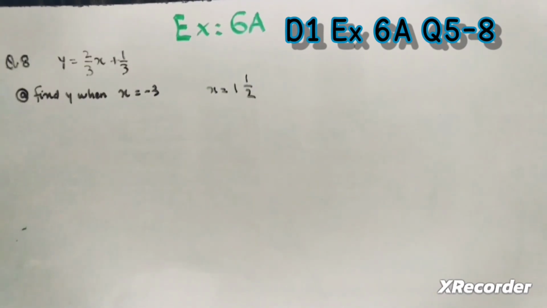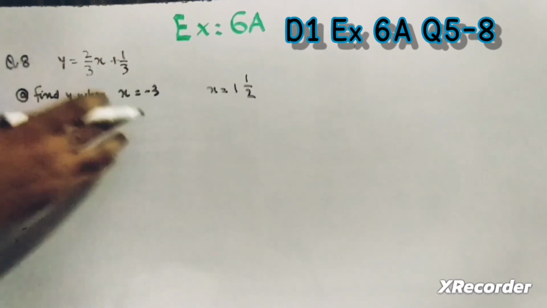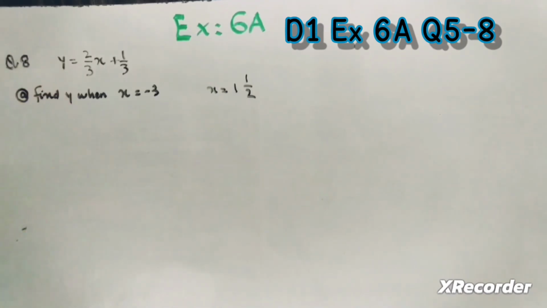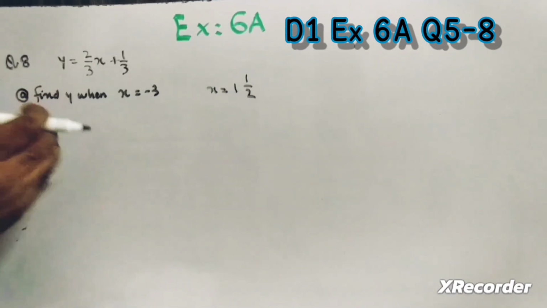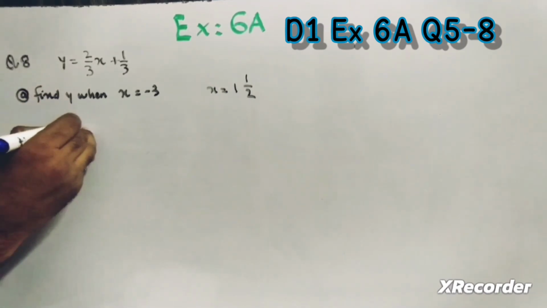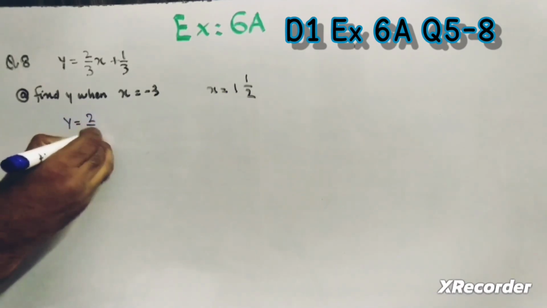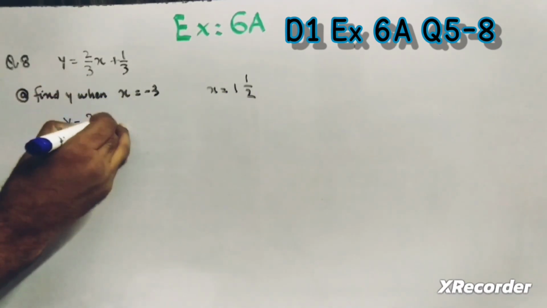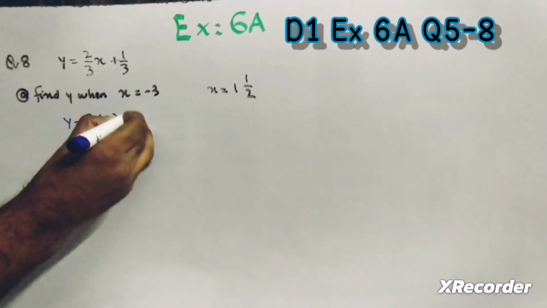Now the last part of our lecture: if y is given as 2 upon 3 x plus 1 upon 3, then find, part A, y when x is equal to minus 3 and x is equal to 1 and a half. Let's start with this part. Given is y equals 2 upon 3 times x, and x is minus 3, plus 1 upon 3.